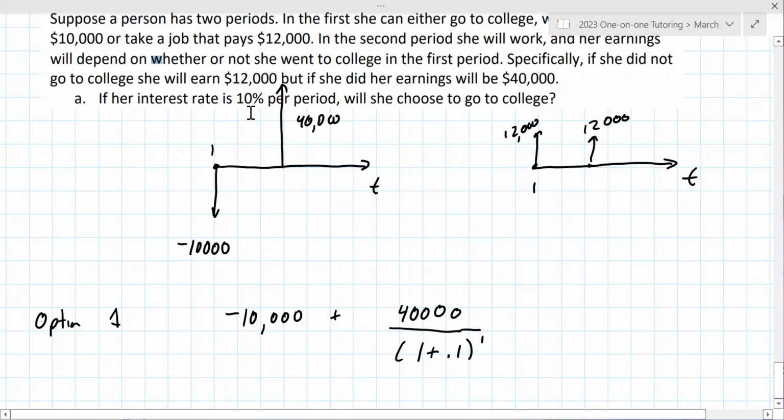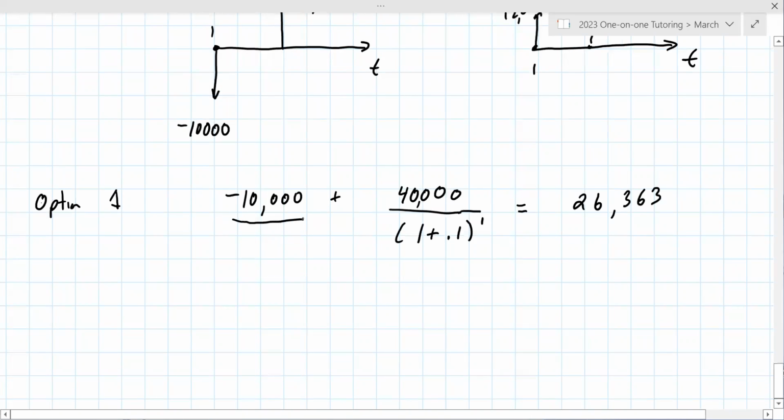We talked about discounting that. Okay, so you go to your calculator if you want, and you'll get 26,363.